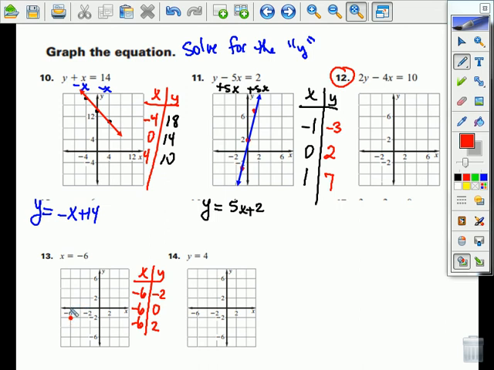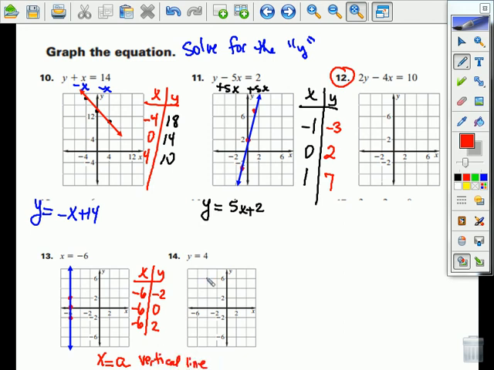At -6, I get 0. At -6, I get +2. This is a vertical line. I'm not going to require you to make a table for a vertical line or a horizontal line. I do want you to write down, though, that if x equals, we're going to call it a, it's just a number, then it's a vertical line.